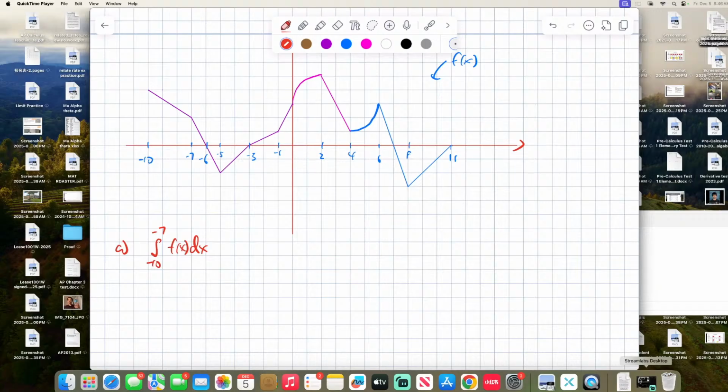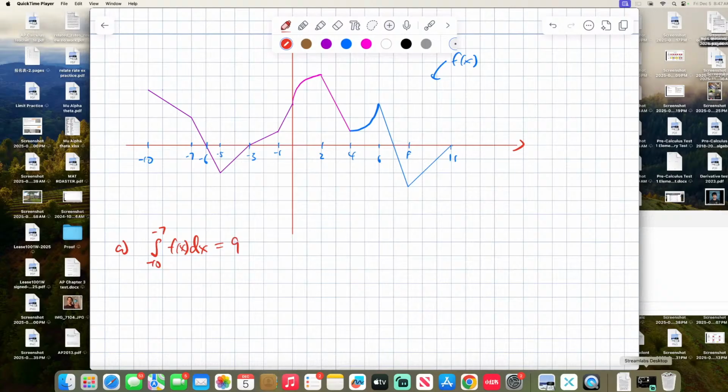Also, you can take a picture of it, so instead of drawing it, you take a picture. Okay, so what did you guys get? 9. That's pretty easy, right?